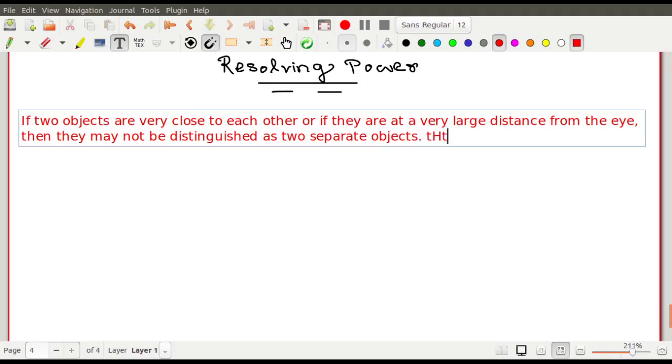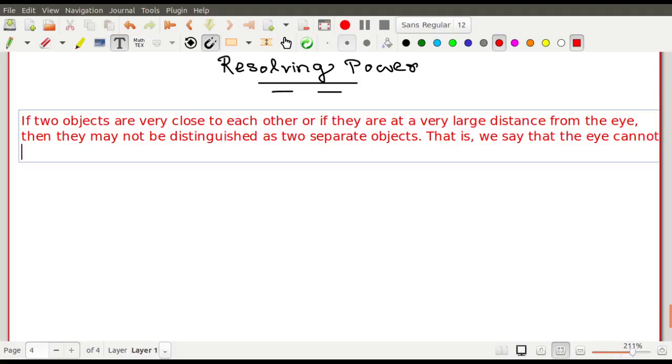That is, we say that the eye cannot resolve them, right?